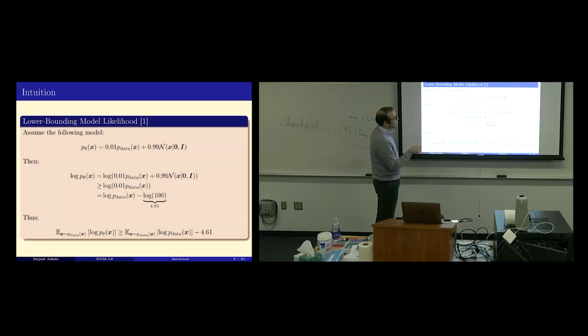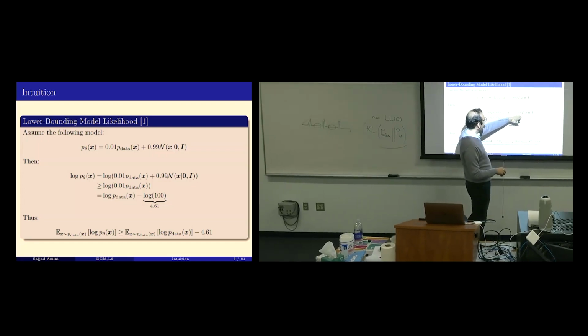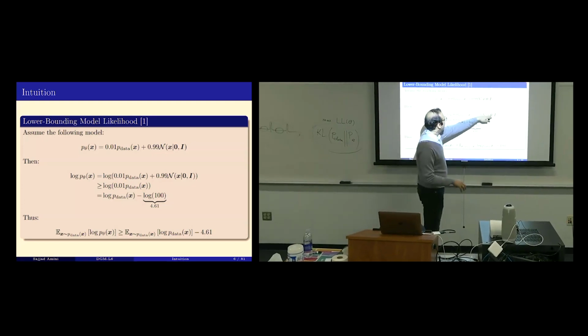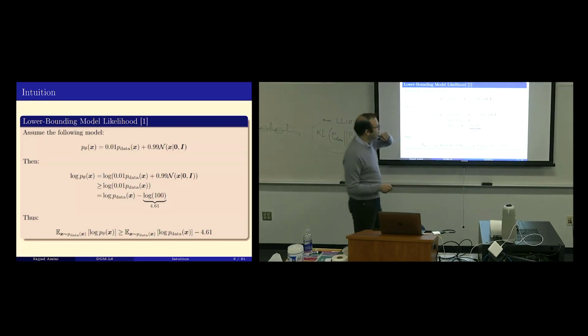The log likelihood of this model is the log of this term, and we know that the logarithm is monotonic: if you decrease the input, the output is also decreased. If I omit this part, which is a positive number, the result is lower than the upper part.